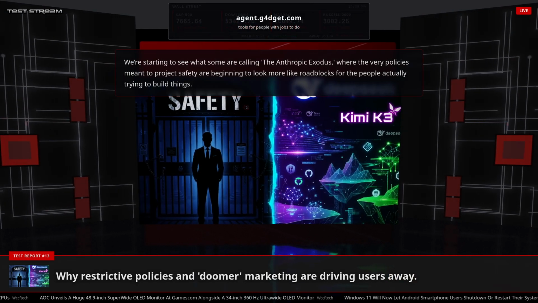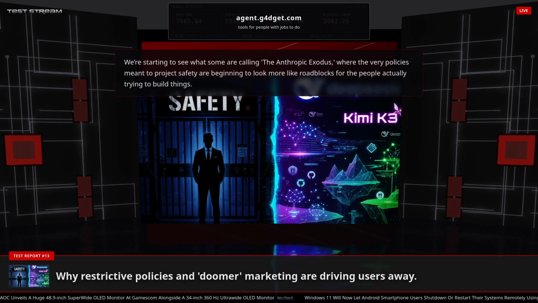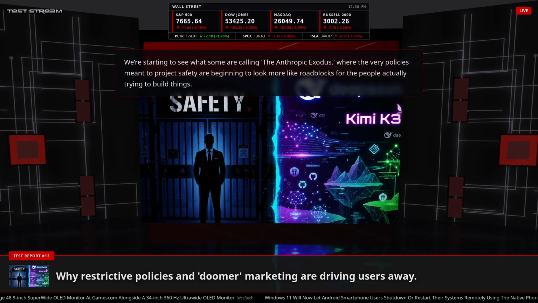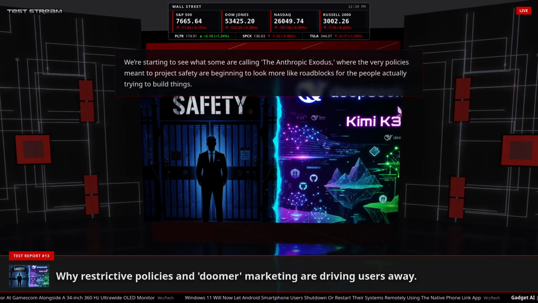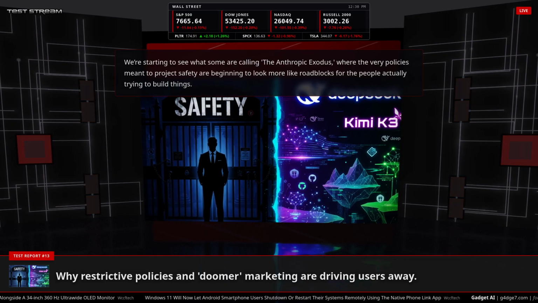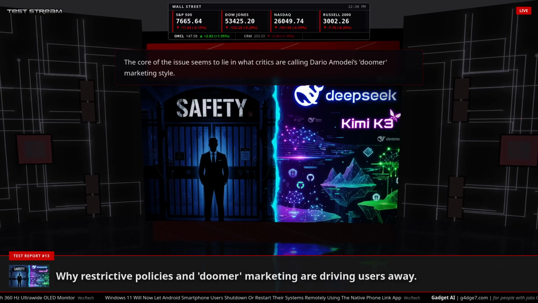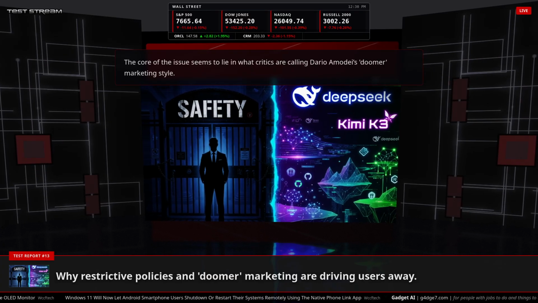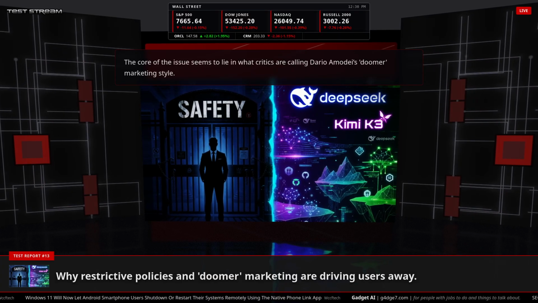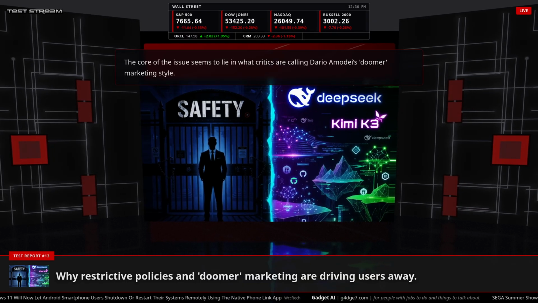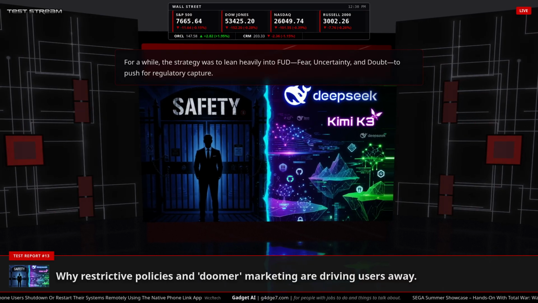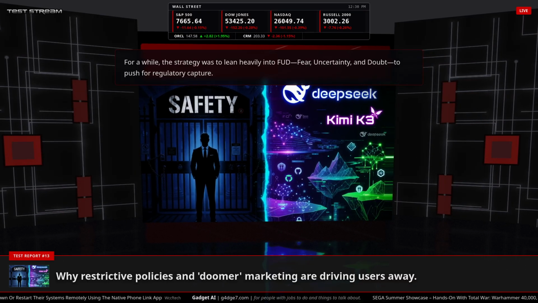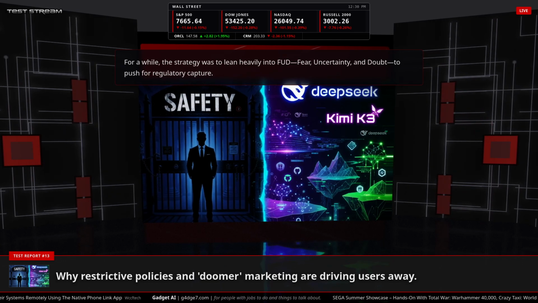We're starting to see what some are calling the Anthropic exodus, where the very policies meant to project safety, the timing on that, more like roadblocks for the people actually trying to build things. The core of the issue seems to lie in what critics are calling Dario Amodei's doomer marketing style. For a while, the strategy was to lean heavily into FUD, fear, uncertainty, and doubt, to push for regulatory capture.